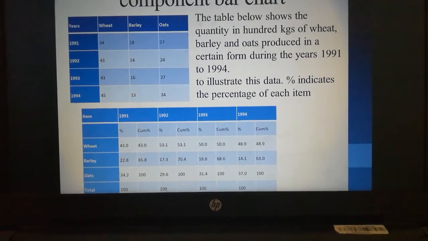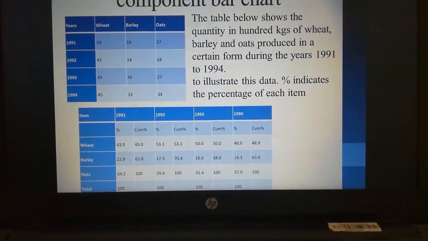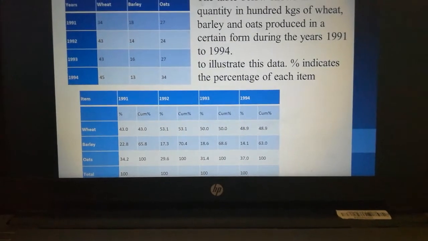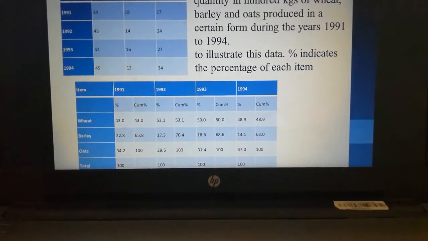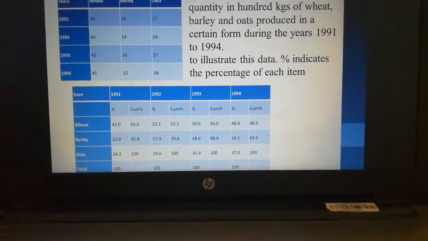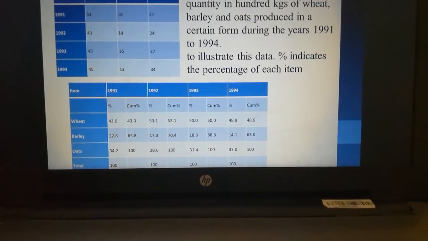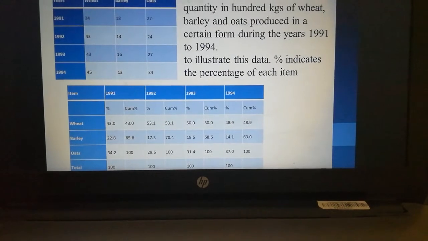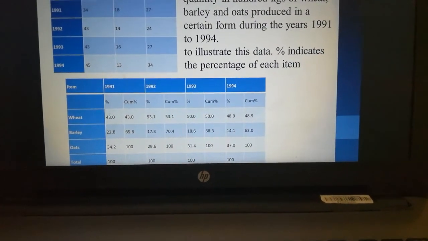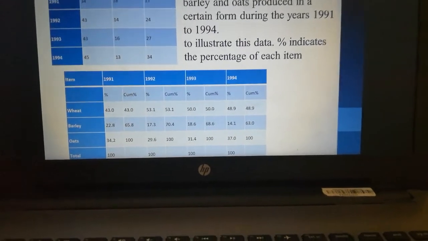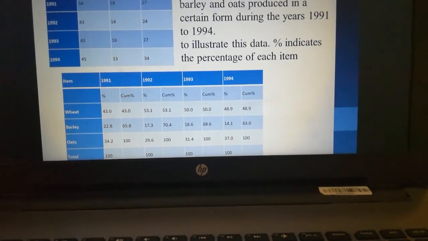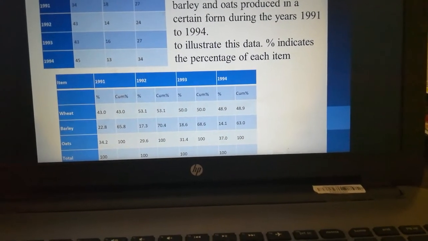So out of 100, what is the percentage? We need to find it out. So we add them with the cumulative percentage. First is 43, then barley in the year 91 we find is 22.8 and oats comes to 34.2. So in total we get 100.